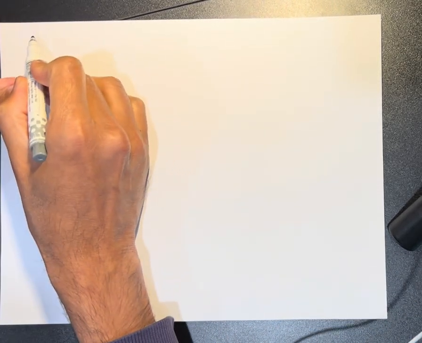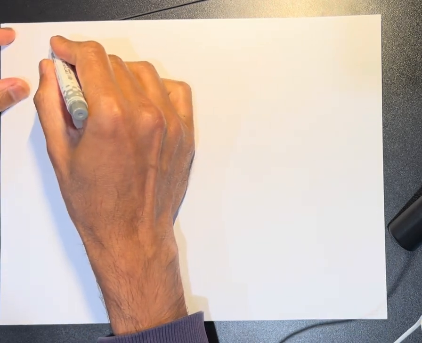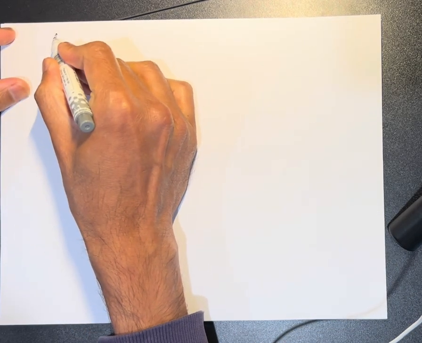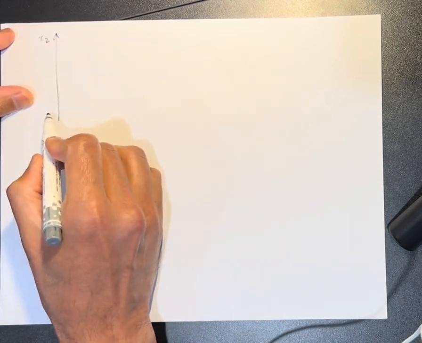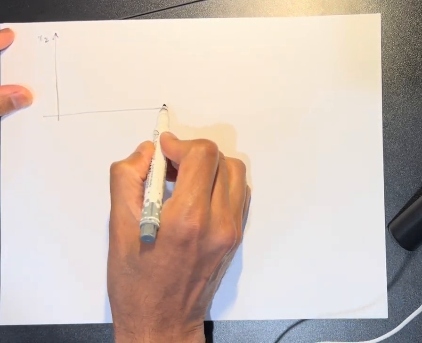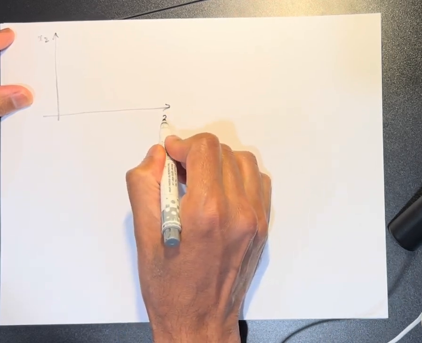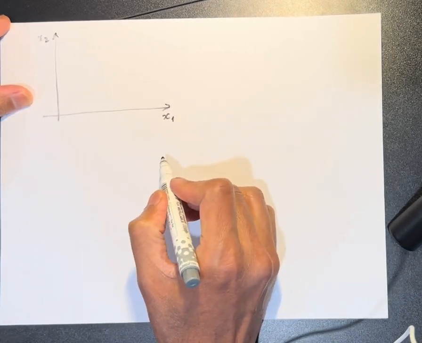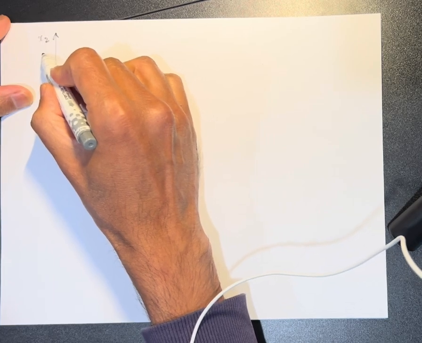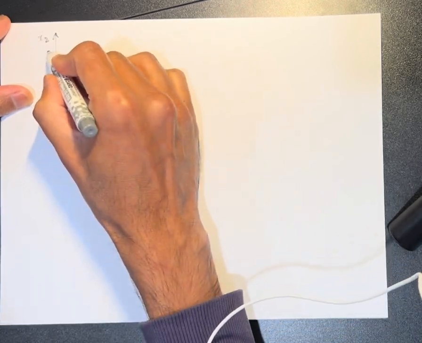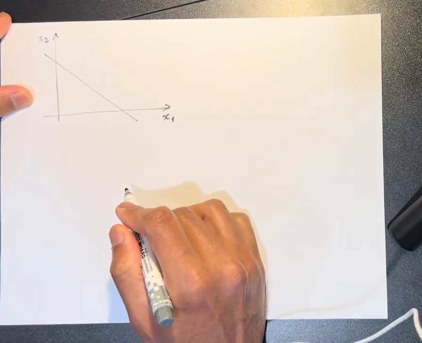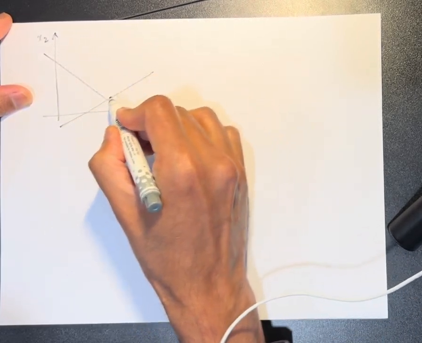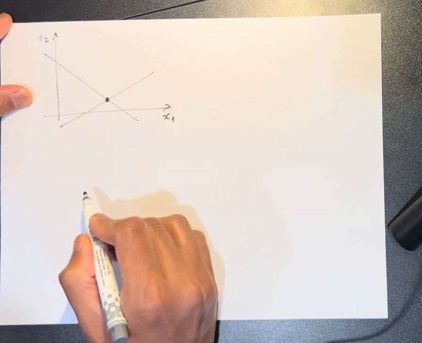So we have the x2 dimension here, and this is R2, right? So this is the x1 dimension, and there is one line like this, and then another line like this, and then this is the solution, right?